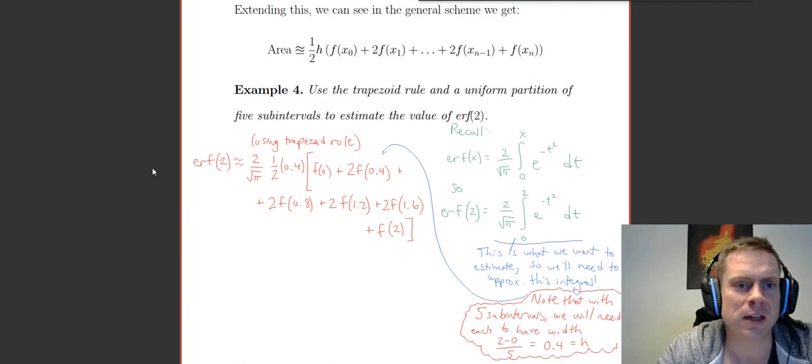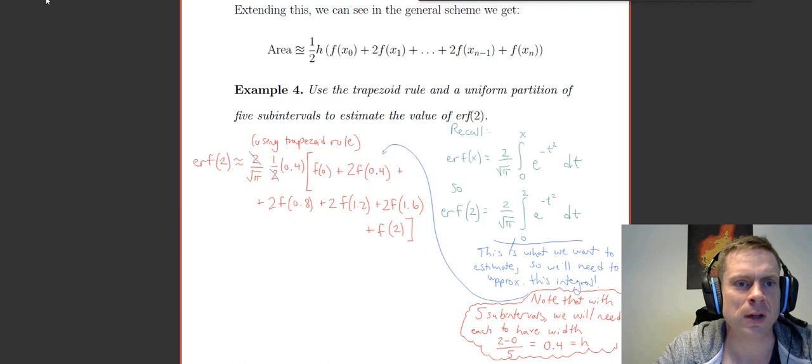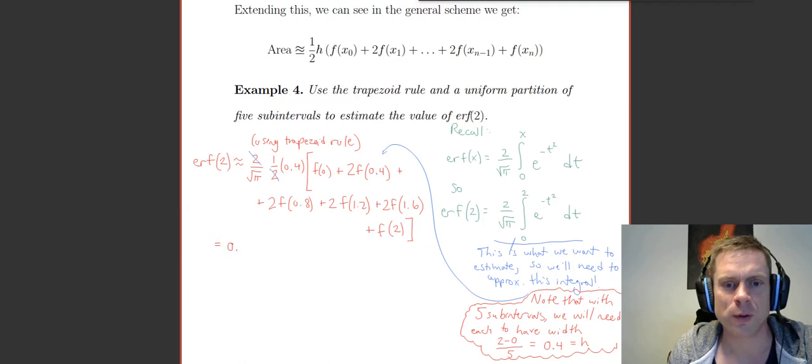So let's see here. Maybe I'll just do a little bit of simplification on the next line while we do some calculation here. 2's are going to cancel, no problem. That's going to give me a factor out front here of 0.4 over root pi, rather.